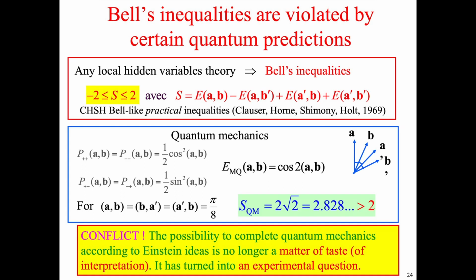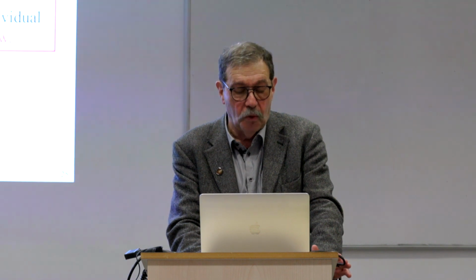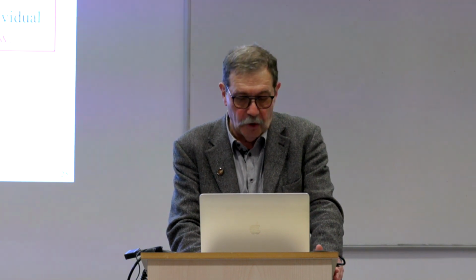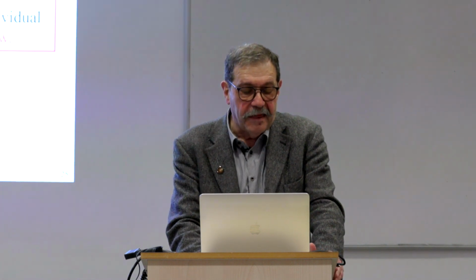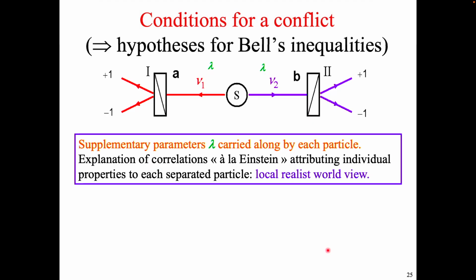It turns into an experimental question, but before going to the experiment, I want to think for 1 minute about where we are. We think of completing quantum mechanics with supplementary parameters carried along by each particle. This is what is sometimes called Einstein's local realistic view. Why?